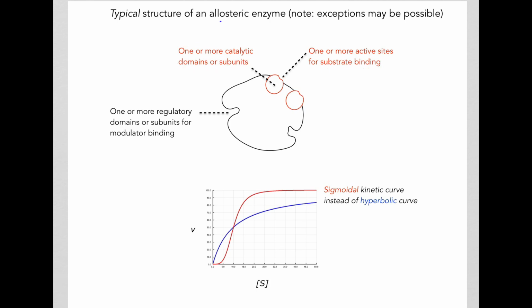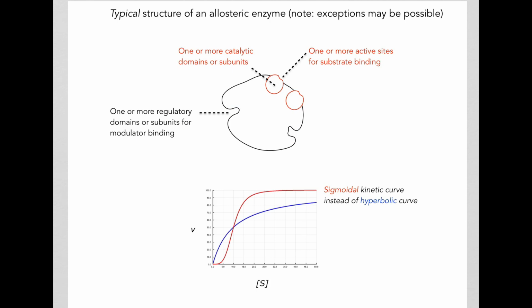Since this is an allosteric enzyme, not only will it have the active sites, it will also have domains or subunits where the modulator binds. Okay, so this is the allosteric site. So one or more regulatory or allosteric sites where the modulator binds.